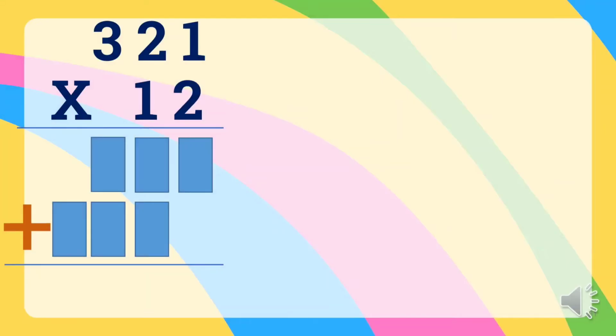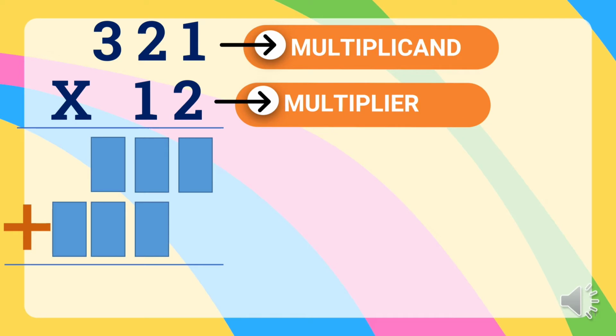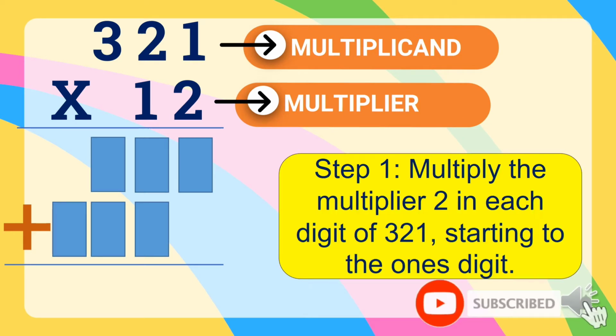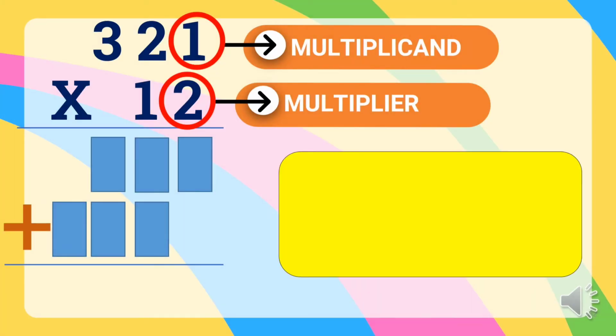So let's multiply 321 to 12. 321 is the multiplicand, while 12 is the multiplier. So step 1 is to multiply the multiplier 2 in each digit of 321 starting from the ones digit. So 2 times 1 is equal to 2.